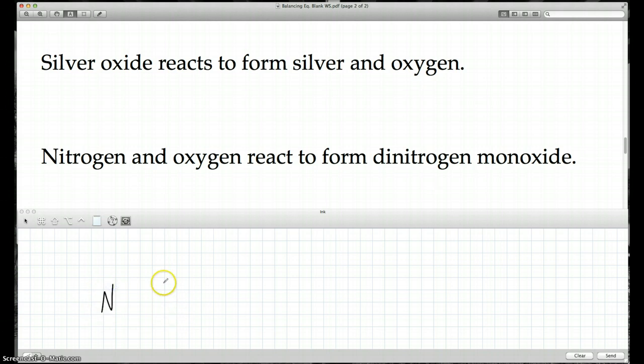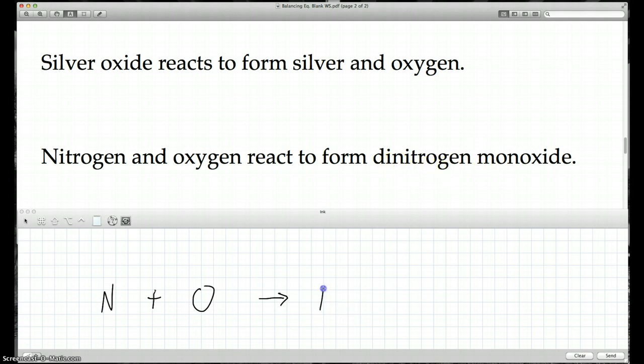Nitrogen, it's N. And notice there's an "and" there, so "and" is going to be a plus sign. Oxygen, react to form. To form means the arrow. It turns into, and that's what the arrow means, dinitrogen monoxide. There's no "and" between there, so that's a compound.